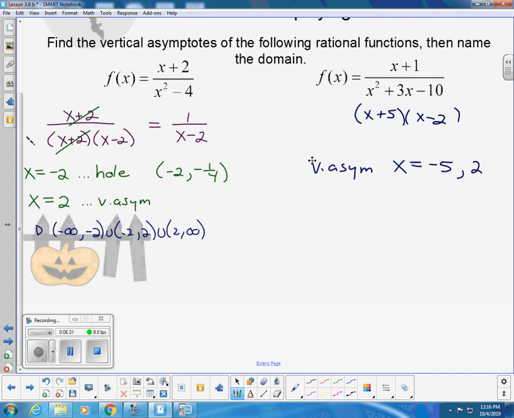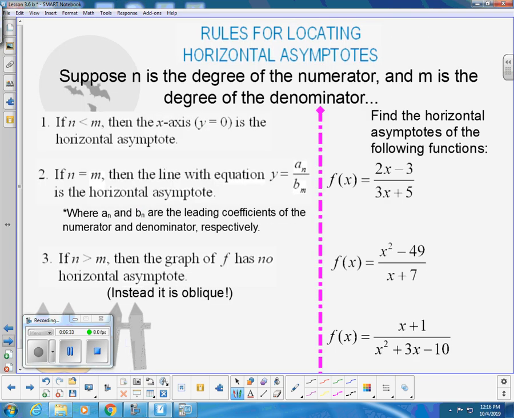All right, moving on. Horizontal asymptotes. Easy. I think we kind of already talked about this a little bit. Maybe not. You have 3 scenarios here. When you look at the degree in the numerator and the degree of the denominator, if the numerator's degree is smaller than the denominator's degree, you have a horizontal asymptote at 0 every single time. So if I have a square on the top and a cube on the bottom, y equals 0 is the horizontal asymptote.